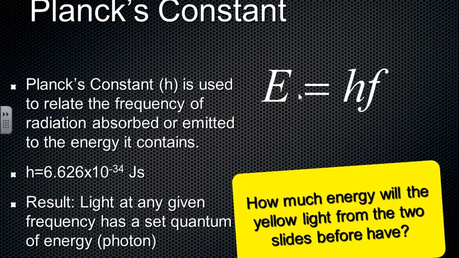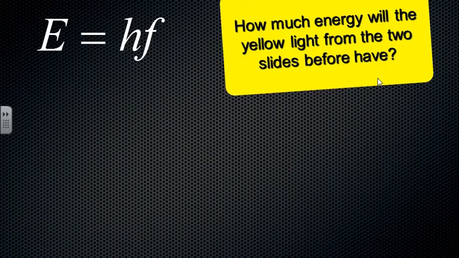E is energy. Okay, h is Planck's constant, which we know, 6.626 times 10 to the negative 34 joule seconds. And then f, we also know that from the slide before, which was 5.10 times 10 to the 14th per second. Okay, so again, always write down what equation you are using for the problem.